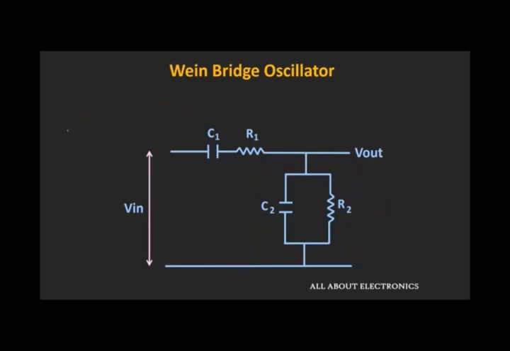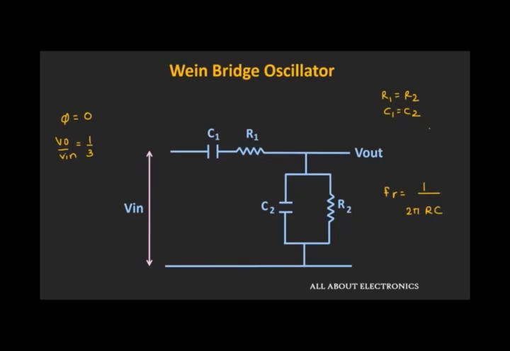So at this resonant frequency, the phase shift of the circuit will be equal to 0 and the ratio of output by input will be equal to 1 by 3. And if we consider R1 is equal to R2 and C1 is equal to C2, in that case, this resonant frequency FR can be given by the expression 1 divided by 2 pi times RC.